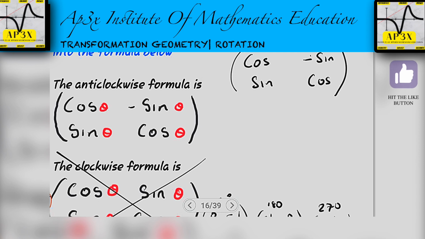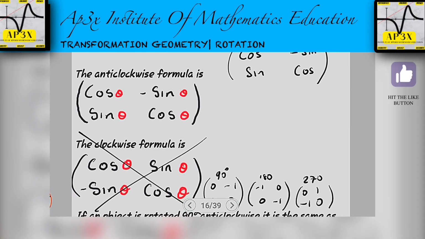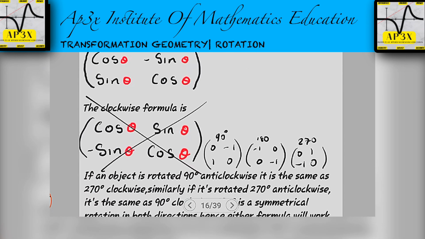So at this stage here, guys, you are going to have to be the one to determine what you prefer. Do you prefer knowing both formulas so you can use the respective formula for the respective direction of rotation, or do you want to manipulate the formula? I won't press too much on that concept then.